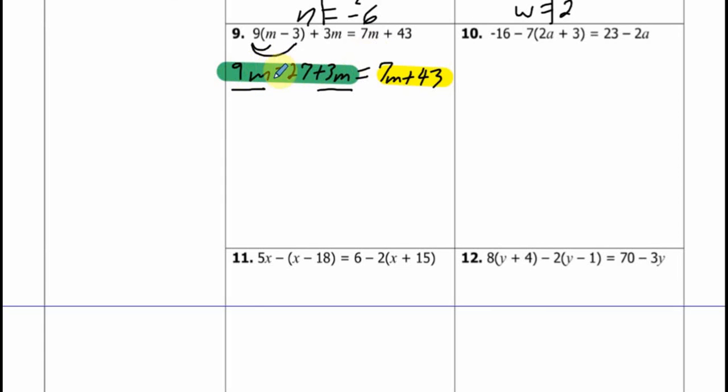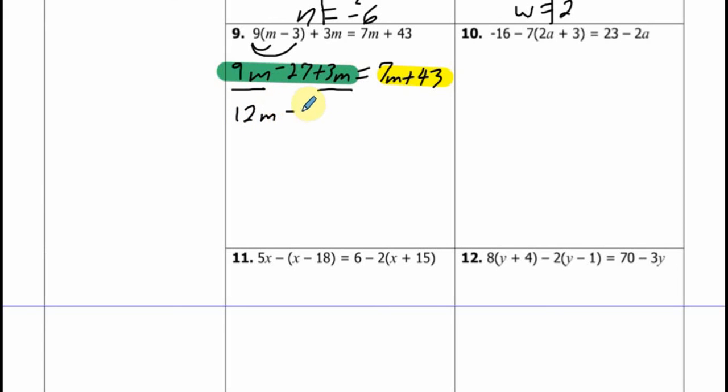You have to look at things on the same side. Now, because this 9m and 3m are already on the same side, you combine them the way they are. Okay? So 9m, don't worry about this sign. This says plus 3m. So 9m plus 3m, that's 12m.